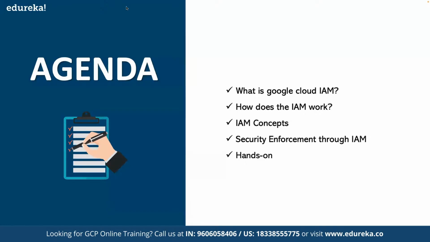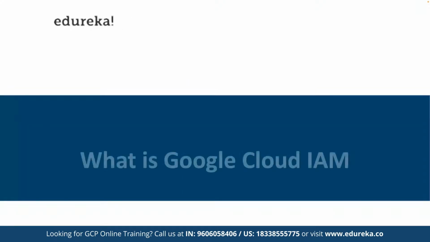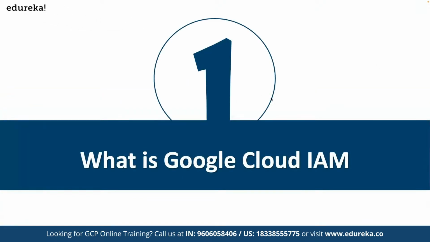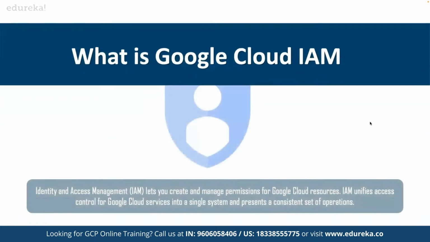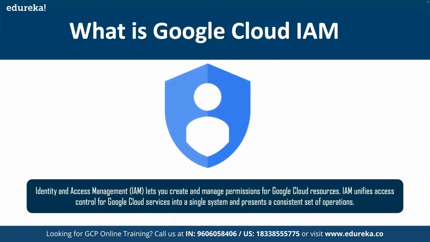So let's get started, and let's start by understanding what exactly is this Google Cloud IAM, that is the Identity and Access Management service that we have got. See, IAM, which is also known as the Identity and Access Management, helps us to grant the granular level access which are specific to Google Cloud resources. And it will help us to prevent the access to other resources.